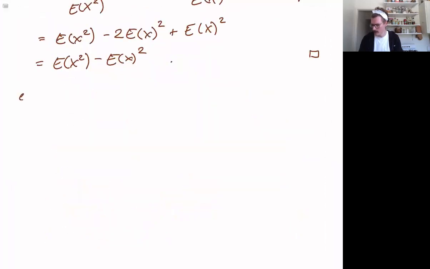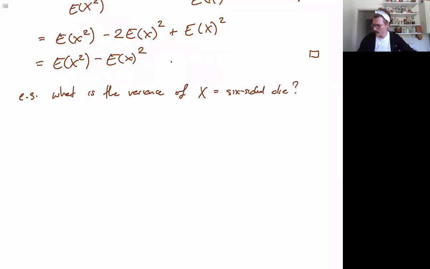So, for example, what is the variance of x, a random variable, which is a 6-sided die? So again, meaning x is uniformly distributed on the outcomes 1 through 6.